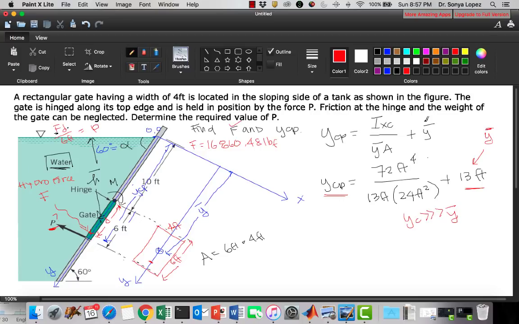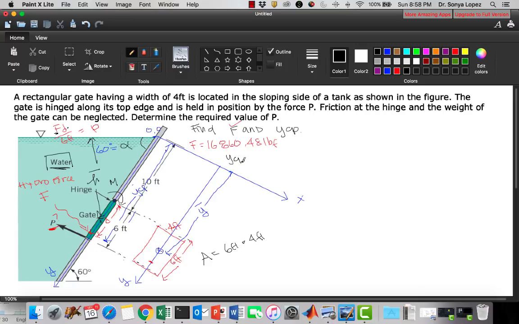Just wanted to mention that again. So YCP is going to be 13.23 feet. Check your units, right? This is feet cubed, and this is feet to the fourth, so the product is going to be foot. Foot plus a foot, you have dimensional homogeneity. Okay, so now we have our YCP is 13.23.